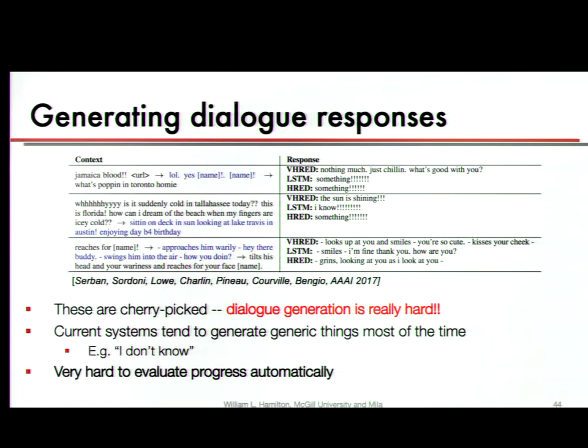And in fact, a funny problem that we're getting a little bit better at, but that is one of the big issues right now, is these models really love to just generate "I don't know." And other such utterances, because it's a really low risk thing to do: just to generate utterances that don't really have any meaning and just say yes, maybe, and things like that.